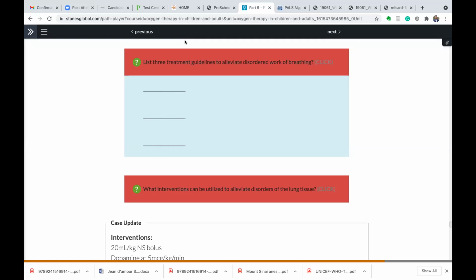You may need to give antidote. Or if you give too much drugs, you can use antidote as well, like naloxone, for example. And you need also to avoid factors which can increase hypoxemia, including also hypercapnia and also hyperthermia.